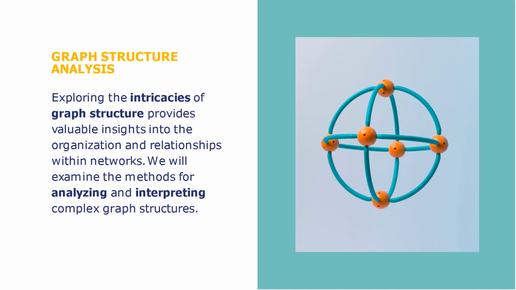Graph structure analysis. Exploring the intricacies of graph structure provides valuable insights into the organization and relationships within networks. We will examine the methods for analyzing and interpreting complex graph structures. Ultrametric matrices are a special class of matrices that have a hierarchical structure and satisfy a strong form of the triangle inequality.